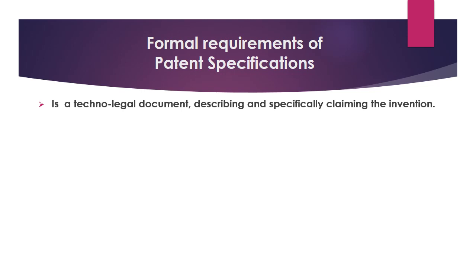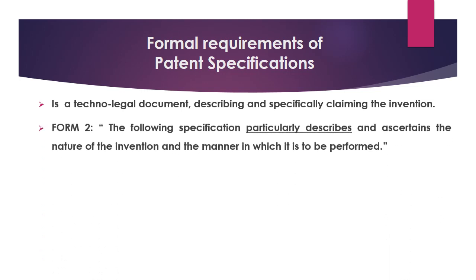As I told you, once you strategize your claims, you have to describe them and specifically write what you are claiming as your invention in this document. Form 2 particularly describes and ascertains the nature of the invention and the manner in which it is to be performed. One section we have seen in the last slide: in Form 2 there is a description.